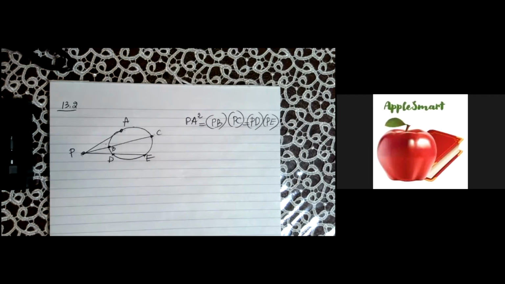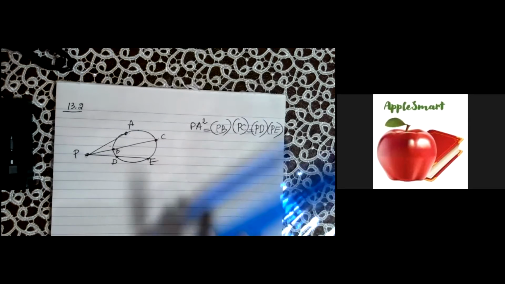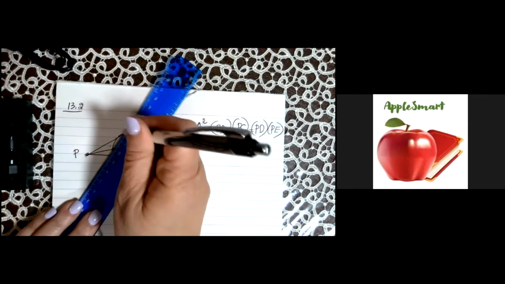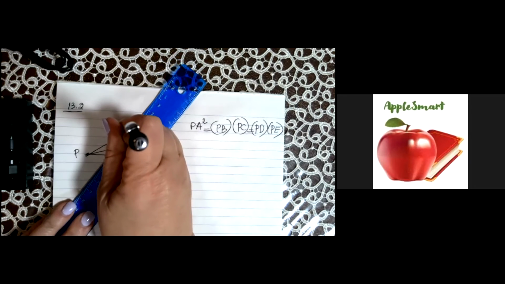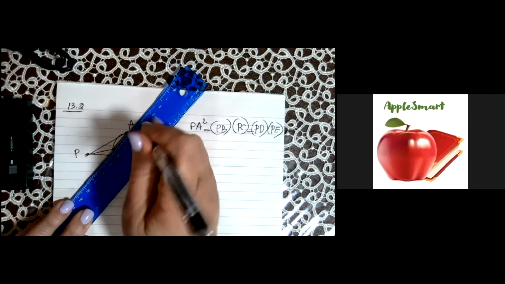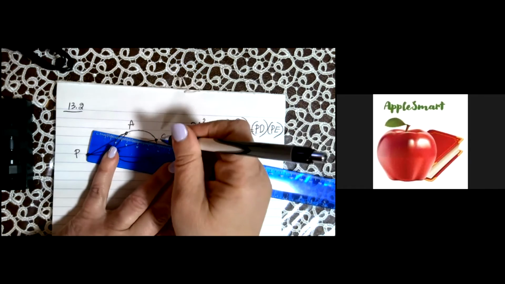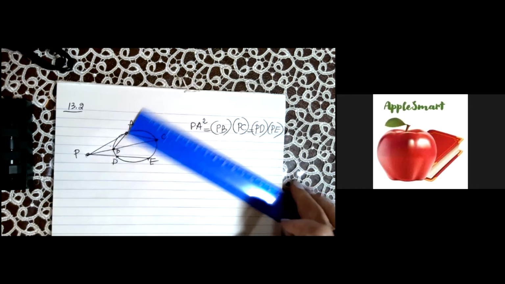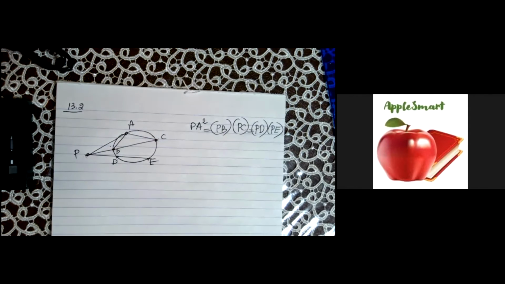So the steps, they're saying draw AB. So they're suggesting we connect A with B and A with C. I'm going to connect A with B and A with C. Okay.